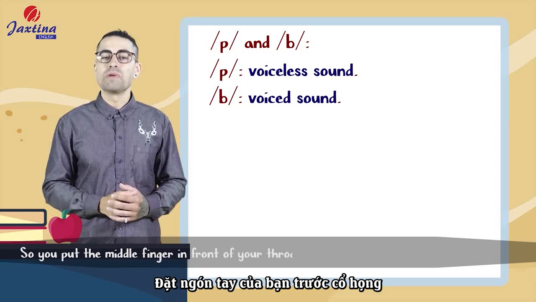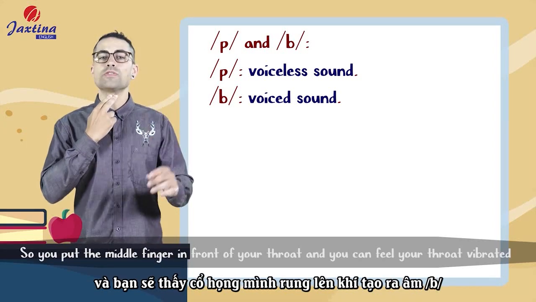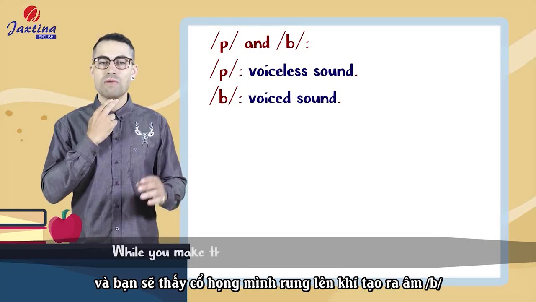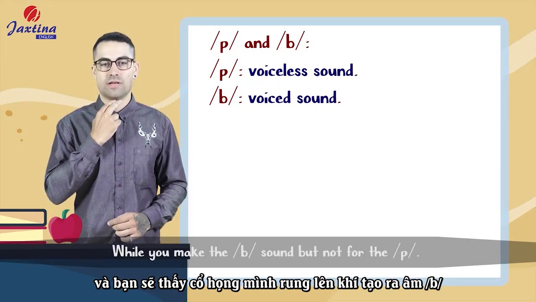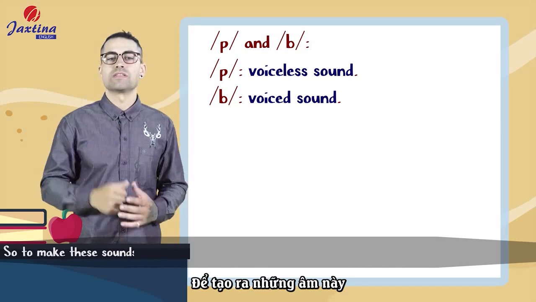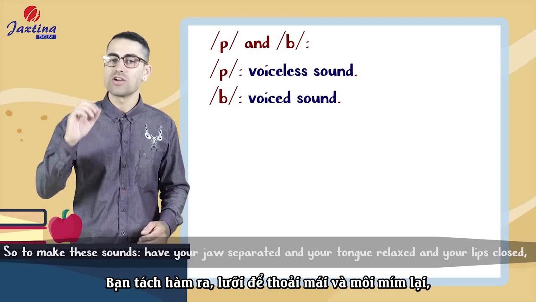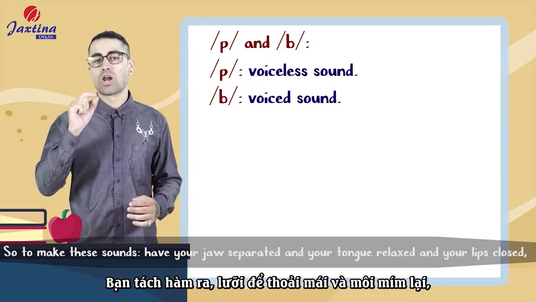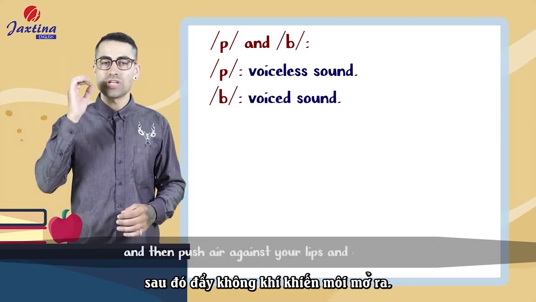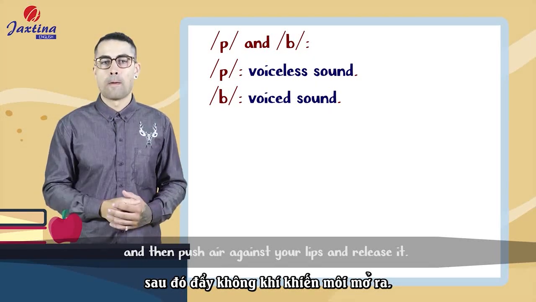So you put your middle finger in front of your throat, and you can feel your throat vibrate while you make the B sound, but not for P. To make these sounds, have your jaw separated and your tongue relaxed, your lips closed, and then push air against your lips and release it.